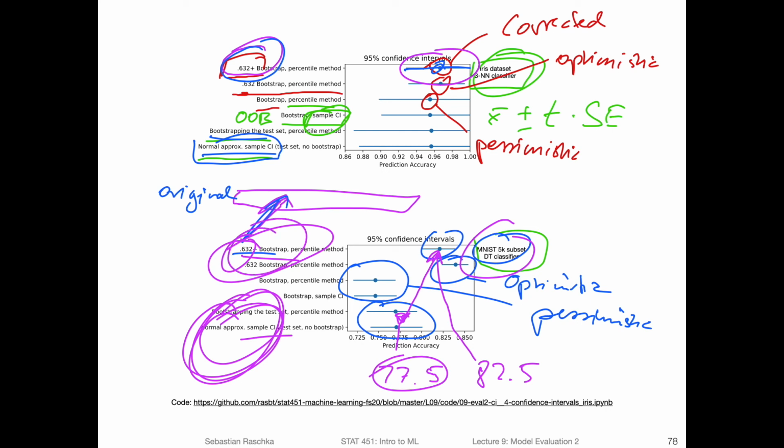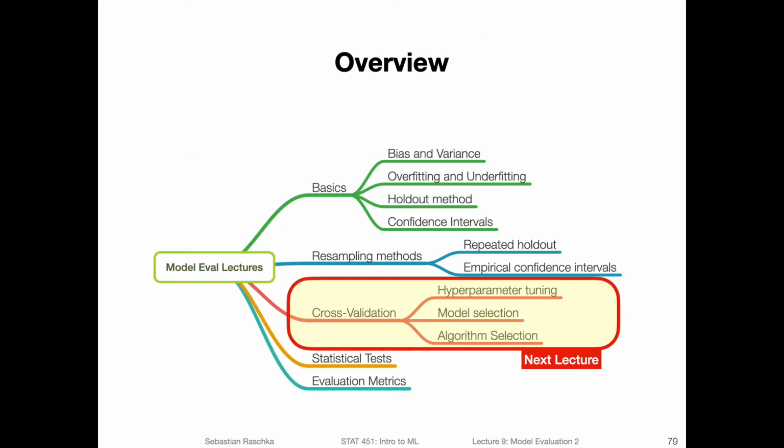This one is a little bit more reliable, because if you think about it, we repeat something for 200 rounds, so we fit a model 200 times. This one is just based on a single model. So in that way, I would trust the 0.632 plus bootstrap a little bit more than the normal approximation confidence interval.